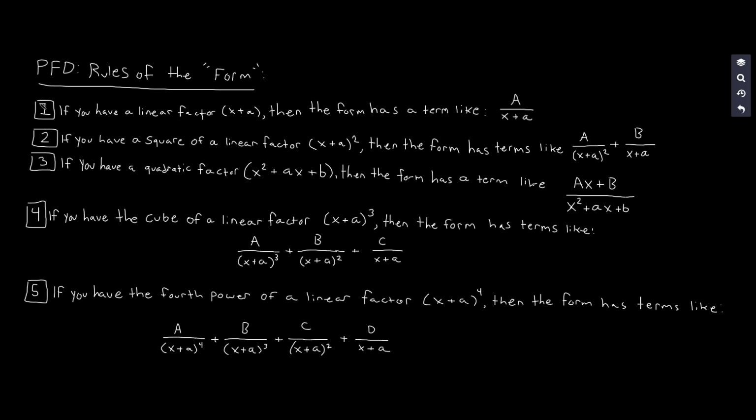I hope it's starting to make sense to you guys. So I put some stars next to what we're going to be working with, because we do have a square of a linear factor, x plus 0 squared. I'm also gonna link the book that I'm referencing in this video so you guys can learn from it too, because it's pretty cool. And then we also have a quadratic of this exact form here.